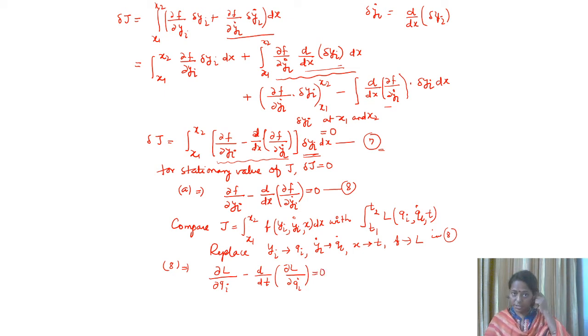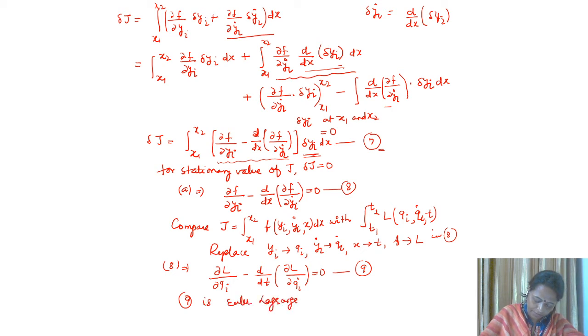So what is it? It is Lagrange's equation of motion, the Euler-Lagrange equation of motion. 9 is the Euler-Lagrange equations of motion. So we have derived the Euler-Lagrange equation of motion with the help of Hamilton's principle.